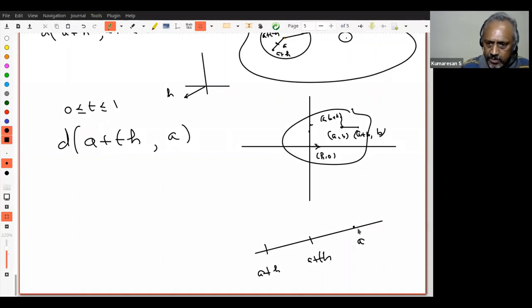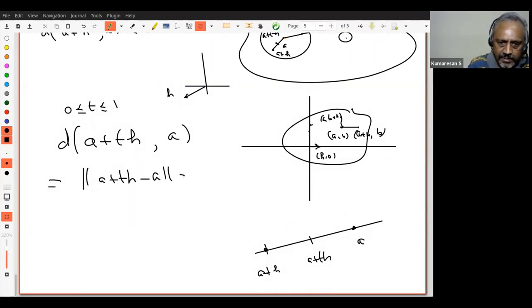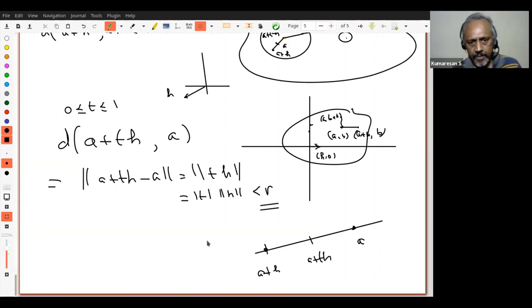If T is 0, it is at A; when T is 1, it is A plus H. The distance is the length of A plus TH minus A, which is the length of T times H, that is mod T times norm H. Remember, mod T is the same as T, which is less than 1. Therefore this is less than R, because the length of H is less than R. Do all of you understand this?